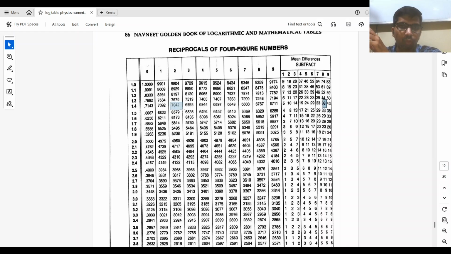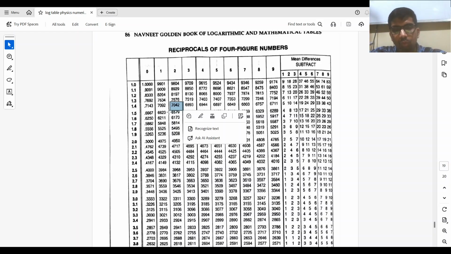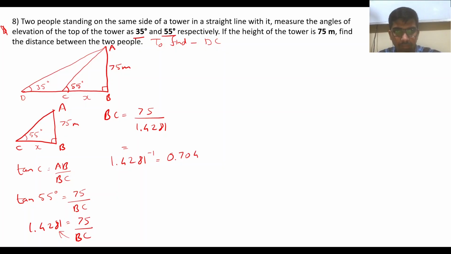So 1.42, so 1.4 and 2 is 0.7042, and same 1.42 and 8. You have to subtract 38 from this: 0.7042 minus 38. Correct? It's correct. Let's subtract.